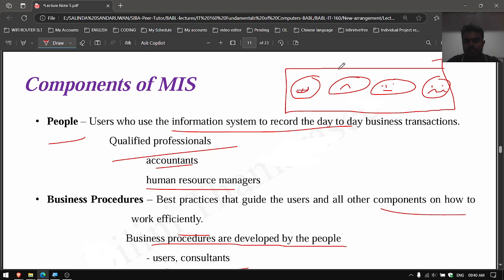This one is positive, this is negative, this is no opinion, this is angry, likewise, right? So this is the process.